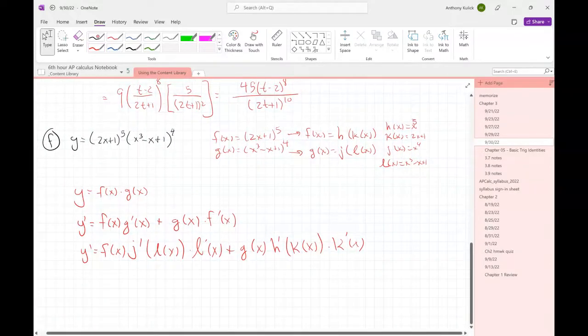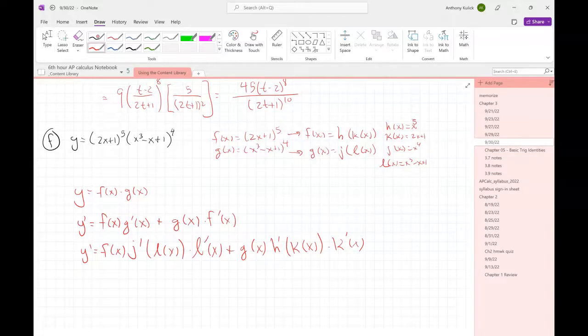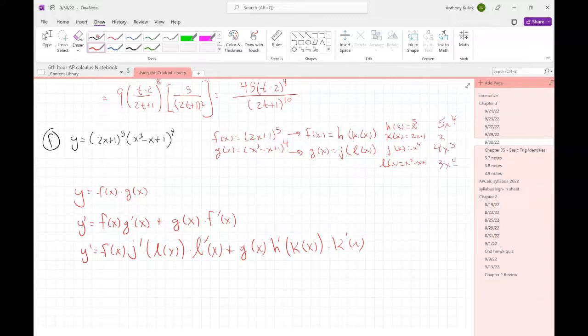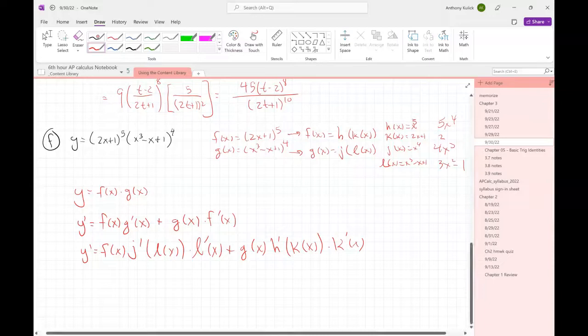And now all I need to do is just plug in my derivatives, which are easy to get, right? So that's 5x to the 4th, 2, 4x to the 3rd, and then 3x squared minus 1. Everybody's cool with that?